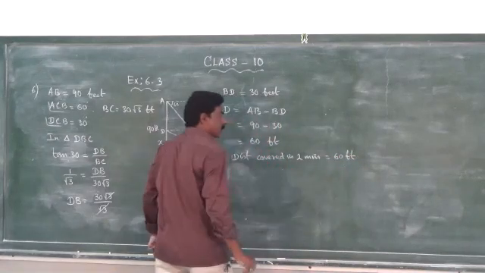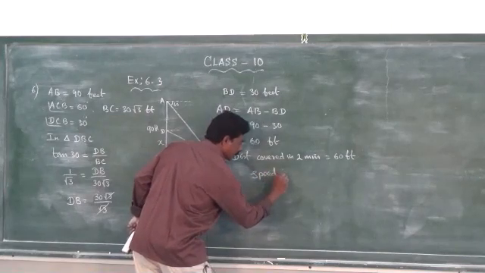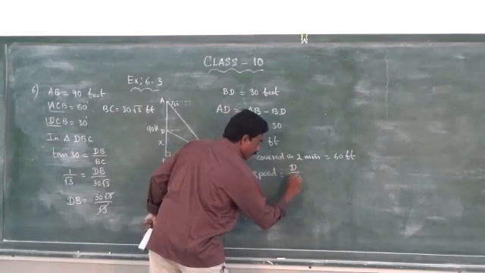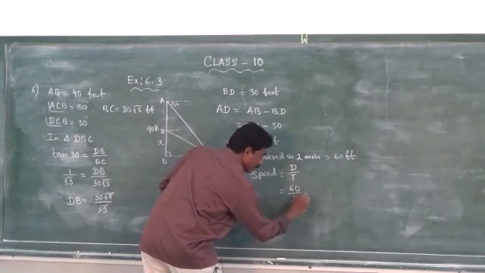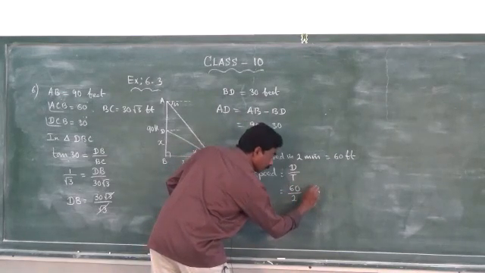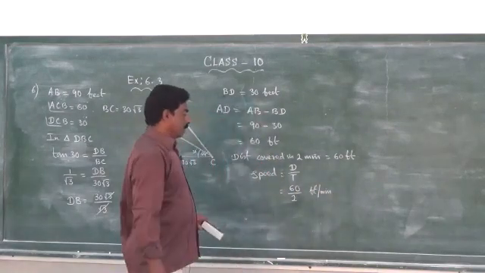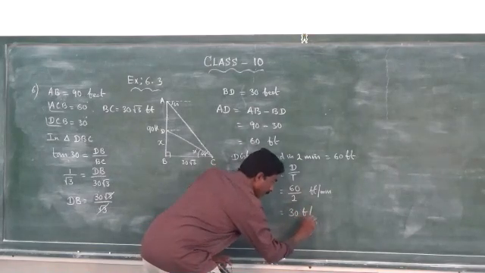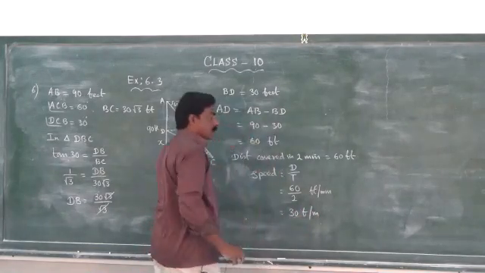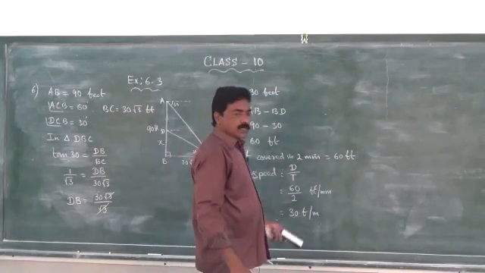We have to find the speed. So speed equals, as we know, distance by time. Distance is 60 feet, time is 2 minutes, so 30 feet per minute. Suppose we change this to seconds, 1 minute equals 60 seconds.